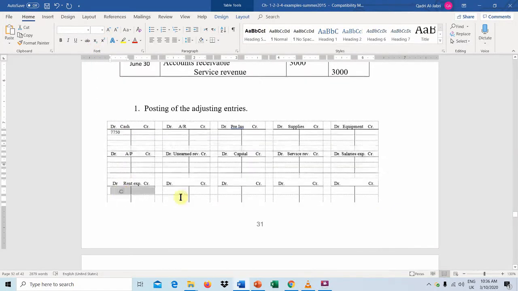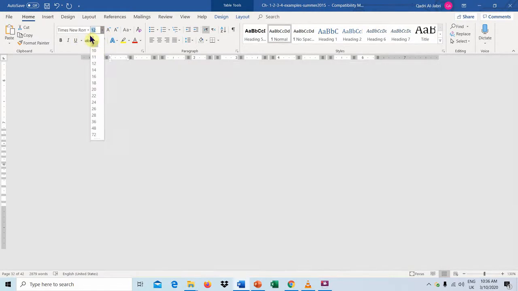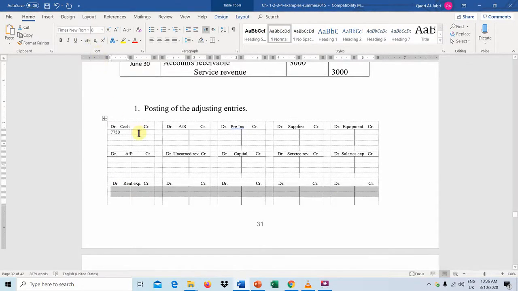I have a cash debit for 7750, accounts receivable debit for 6000. I have prepaid insurance debit for 2400.